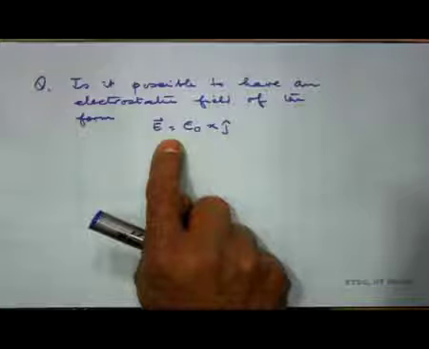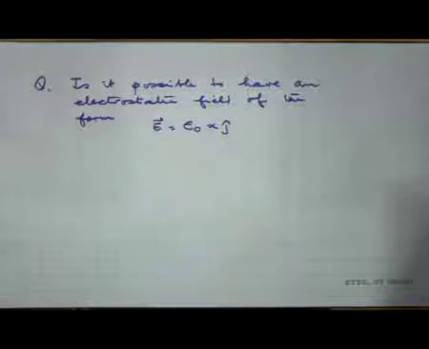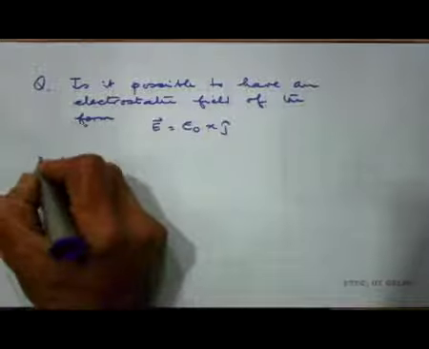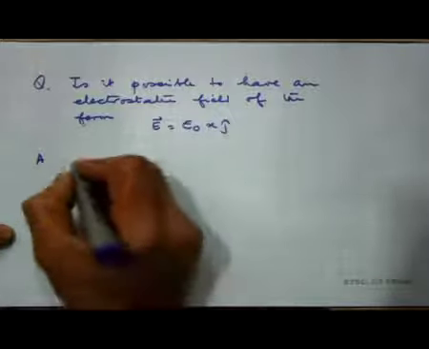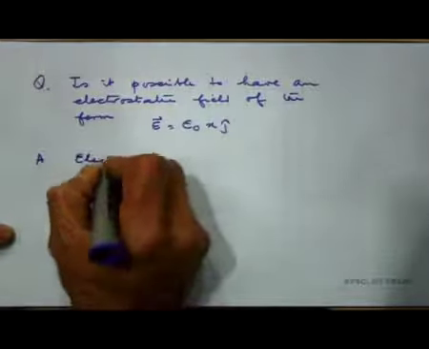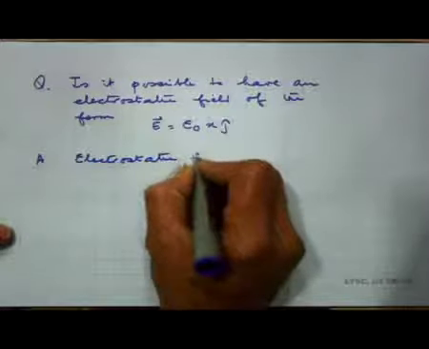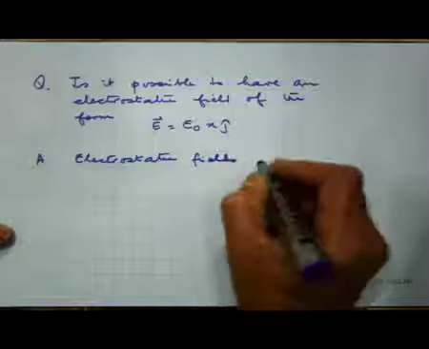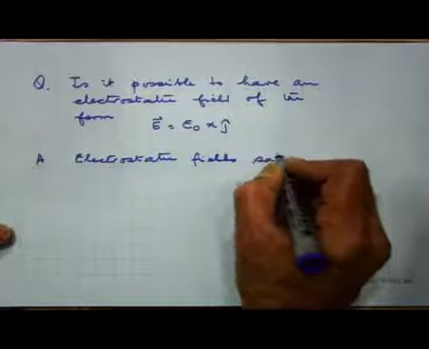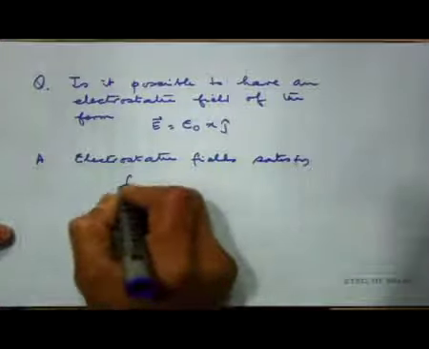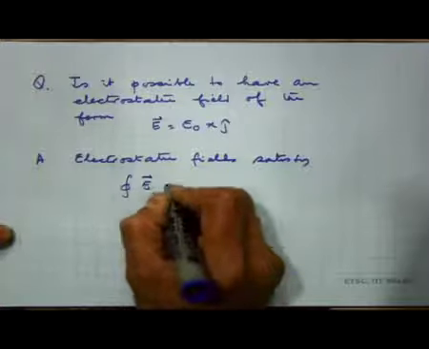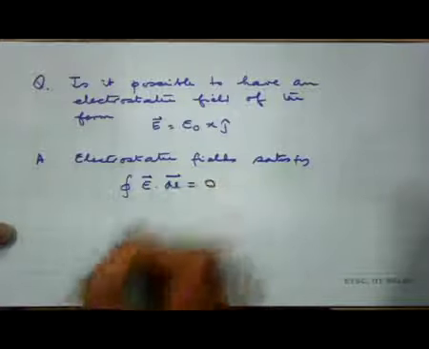Now, we have discussed electrostatics in great depth. So, what we know is all electrostatic fields satisfy the following equation: integral E dot dl is equal to 0.